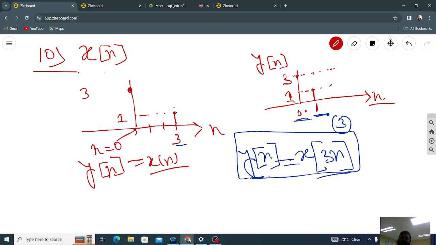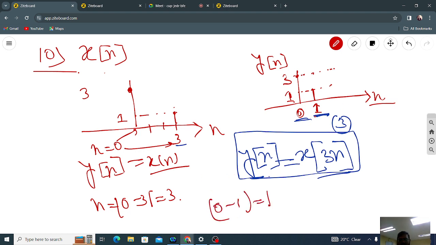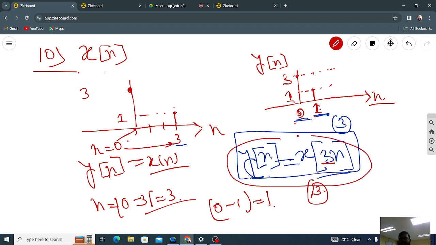So from here it is 0 to 1. We have to represent y of n in terms of x of n. There is just a scaling factor, because the difference was 0 to 3, a difference of 3. Here it is 0 to 1, a difference of 1. So it should be multiplied by a factor of 3, and there is no shift because 0 is at 0 and 3 is at 1. So this is the relationship.